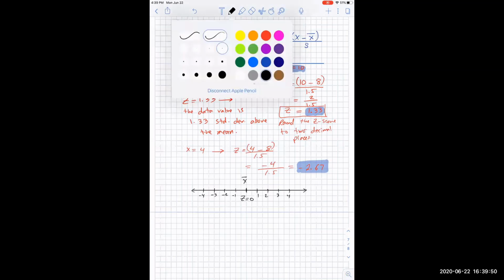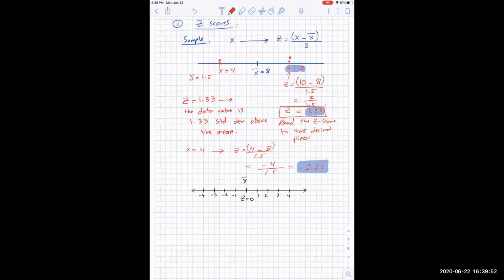If a data value has a z-score that is greater than 2, if the data value is somewhere here, then all of these data values that have z-scores greater than 2 are significantly high values.